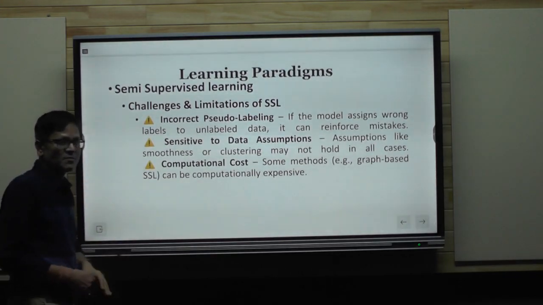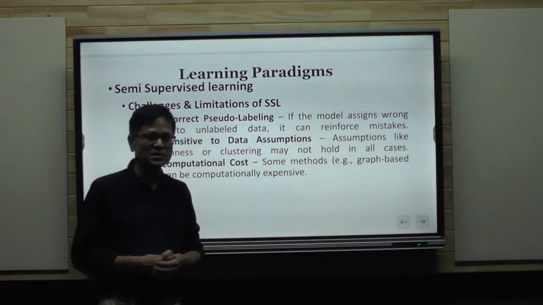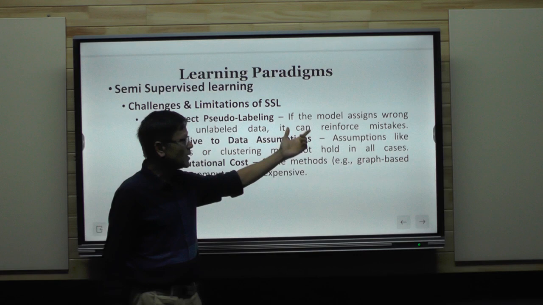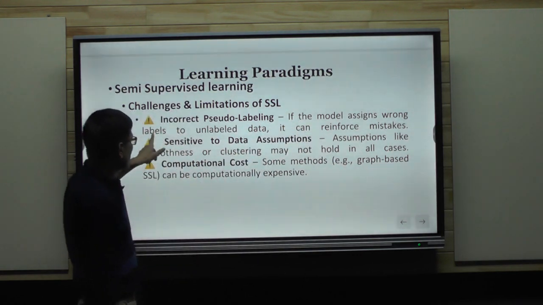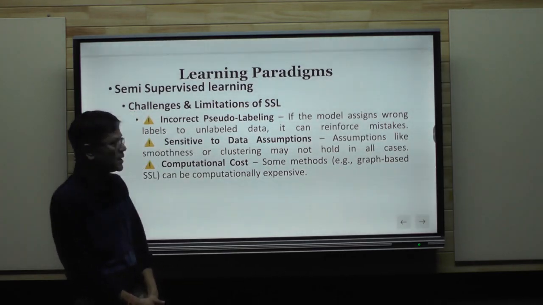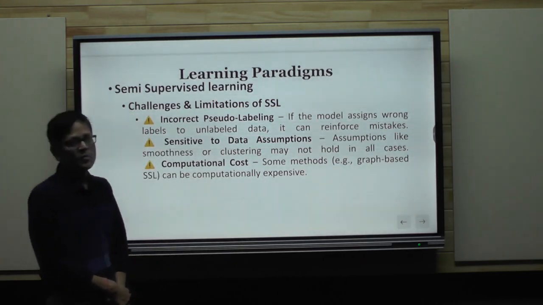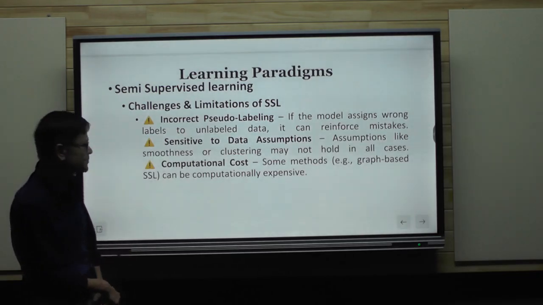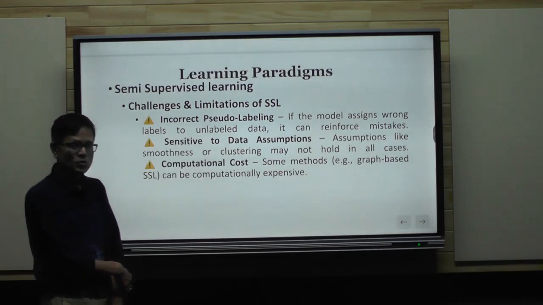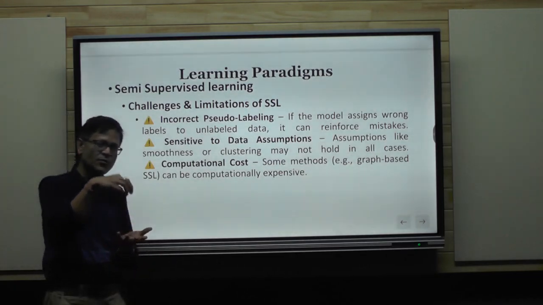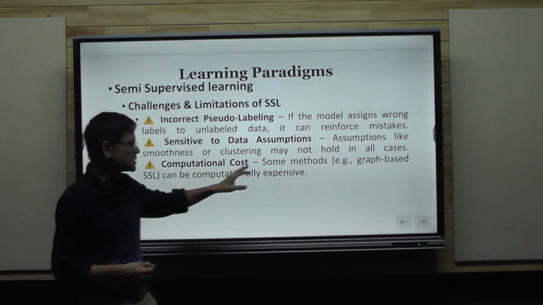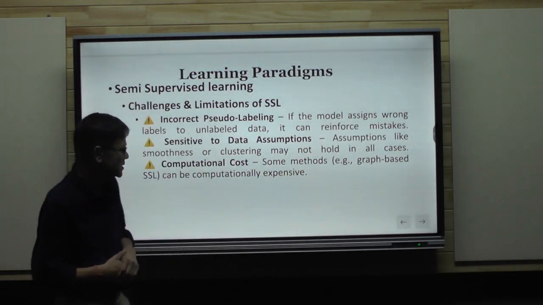But every goodie comes with some challenges. Incorrect pseudo labeling: if the model assigns wrong labels to the unlabeled data, it can reinforce mistakes. Sensitivity to data assumptions: assumptions like smoothness, that points will fall in clusters and have the same label, or the clustering may not hold in all cases.